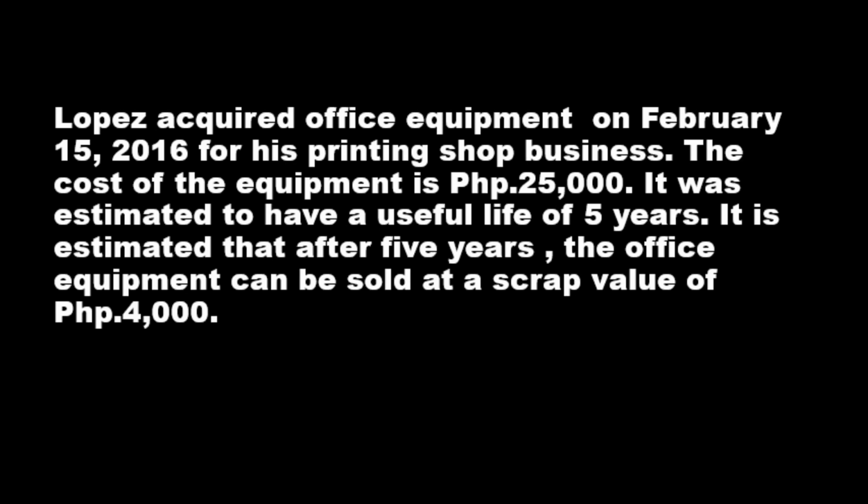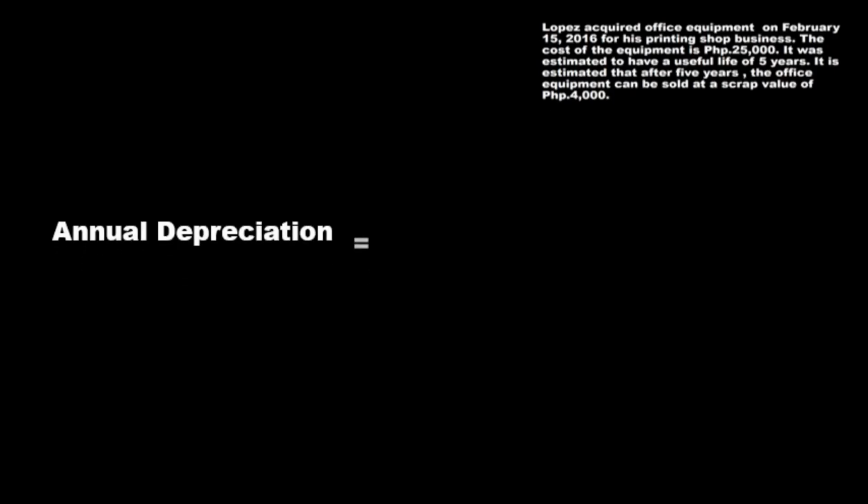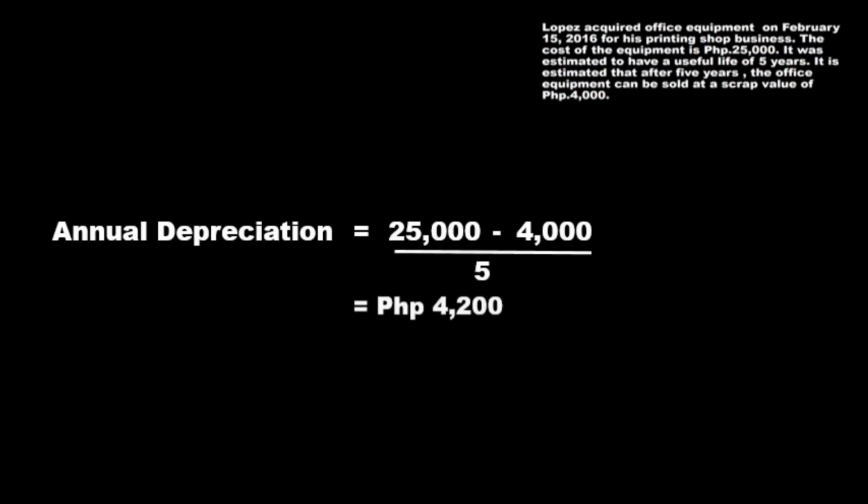Using the straight line method, we can compute the annual depreciation of the office equipment. The annual depreciation equals 25,000, which is the original or acquisition cost, minus the salvage value of 4,000 pesos, divided by the estimated life of 5 years.